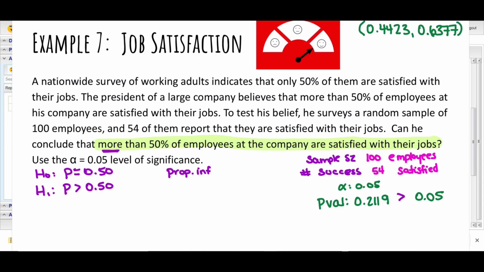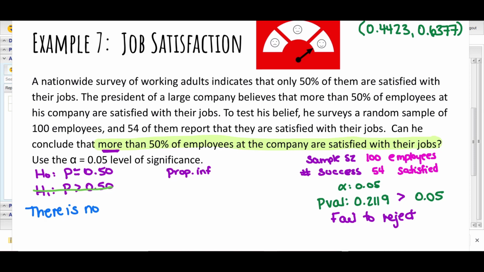It is greater, so if it's greater, we fail to reject. And if we fail to reject, we can't throw the null out, which means we have to throw the alternate out instead. So if we're throwing out the alternate, that means we don't have enough evidence to conclude it.